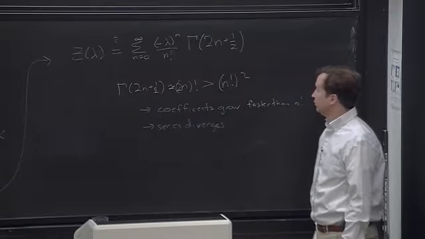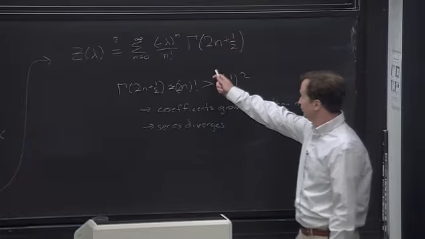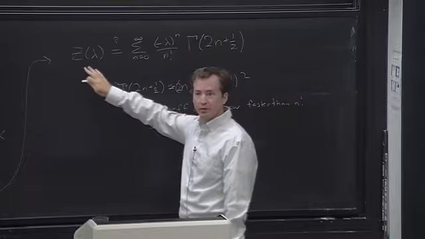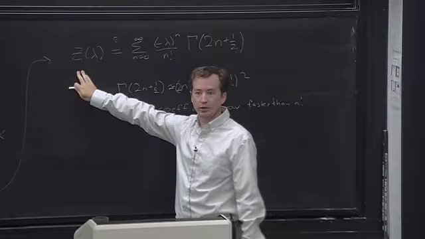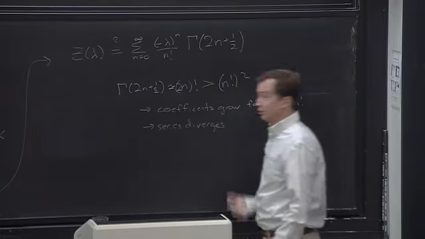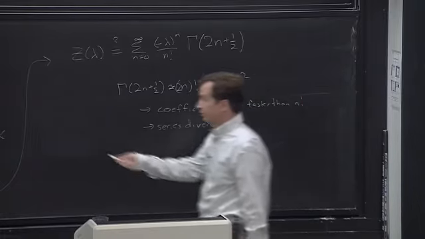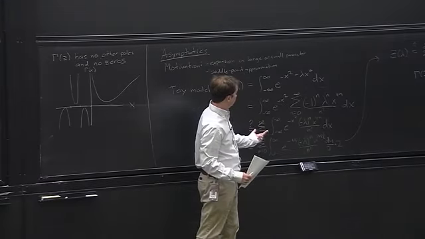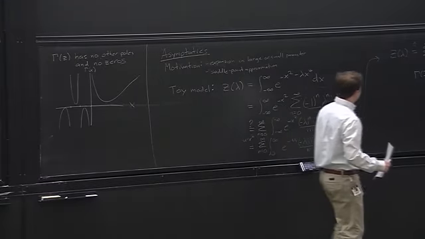Okay, so we've got a series expansion that diverges. Well, we're not going to let the divergence of the series stop us. This is a very useful technique. Swapping the sum and the integral is the origin of this divergence.